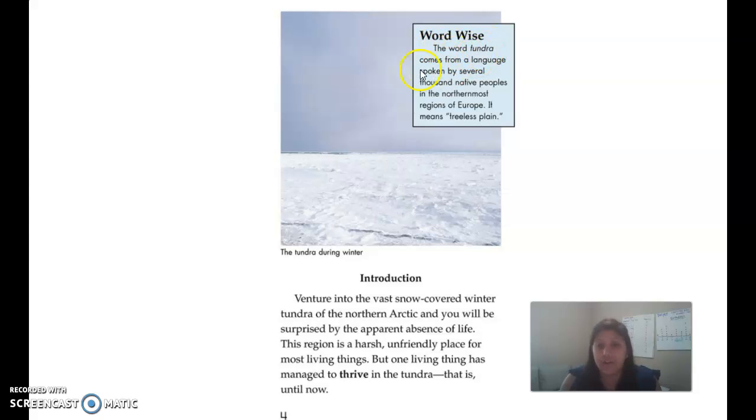The word tundra comes from a language spoken by several thousand native peoples in the northernmost regions of Europe. It means treeless plain. So as you can see, are there any trees here? Nope. It's a treeless plain. That's what a tundra is. I'm glad that the author included this because I was kind of clueless as to what tundra meant. So thank you.